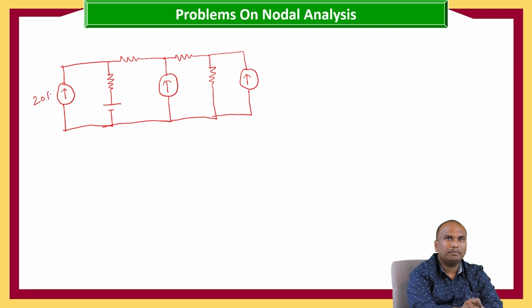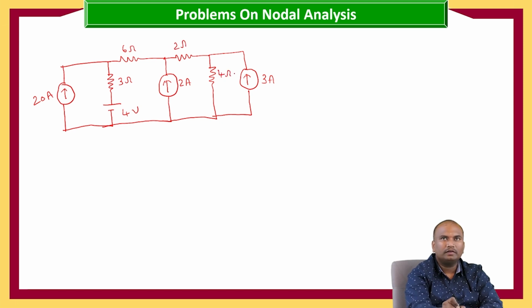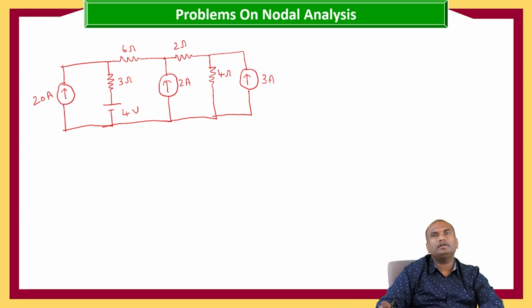Here 20 amperes, 2 amperes, 3 amperes, 4 volts, 3 ohms, 6 ohms, 2 ohms, and 4 ohms. This is our circuit which is given. Now we need to calculate the nodal voltages.